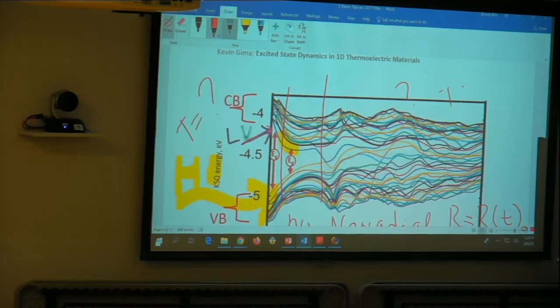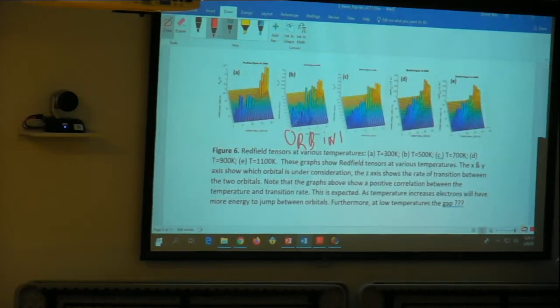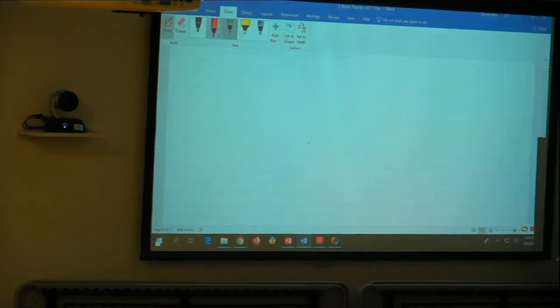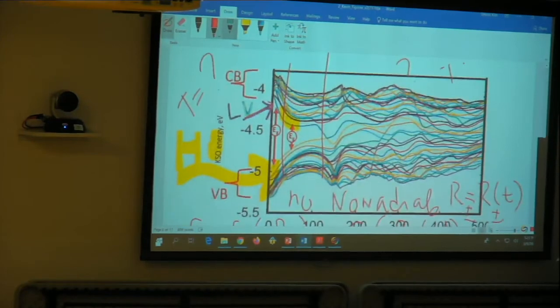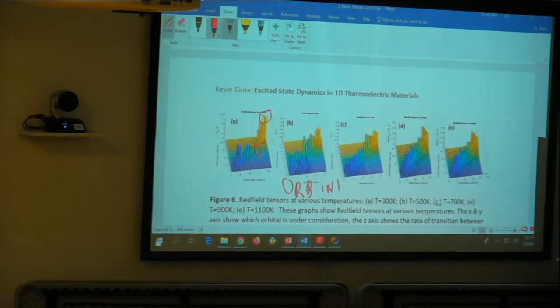So the transition between HOMO and LUMO is small. If you look at the orbitals that are higher in energy in this spot, they intersect each other and have some feature of more rapid changes, and this corresponds to higher values of rate.